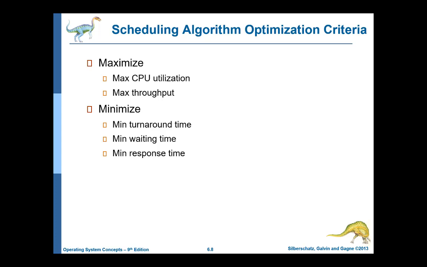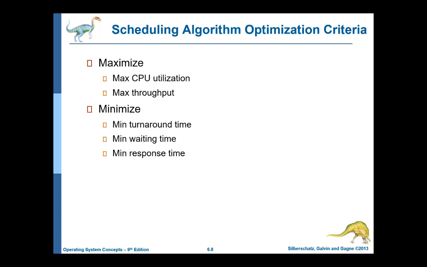So we will consider any of these criteria to design our algorithm. We cannot consider all of them at once because they may have conflicting requirements. So we have to choose one criterion to design an algorithm and see which algorithm is better if we have this CPU schedule.